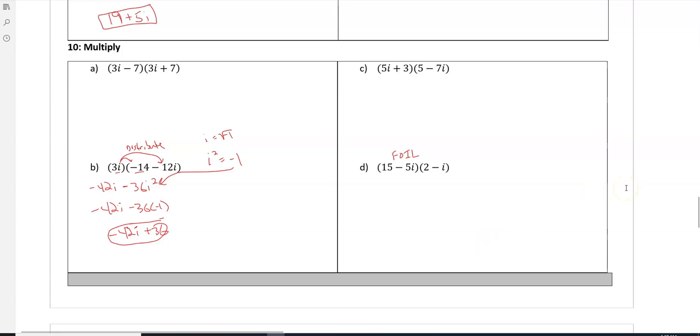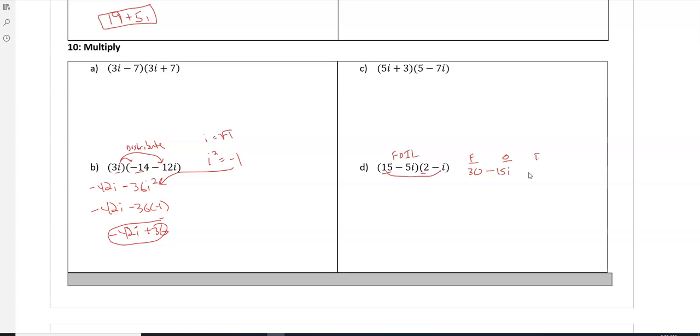All right, so my next one is a FOIL, because this is two binomials multiplying into each other, which means you got to do FOIL. And so that will be the two first terms, 15 times 2 is 30. The two outside terms, 15 times negative i is minus 15i.